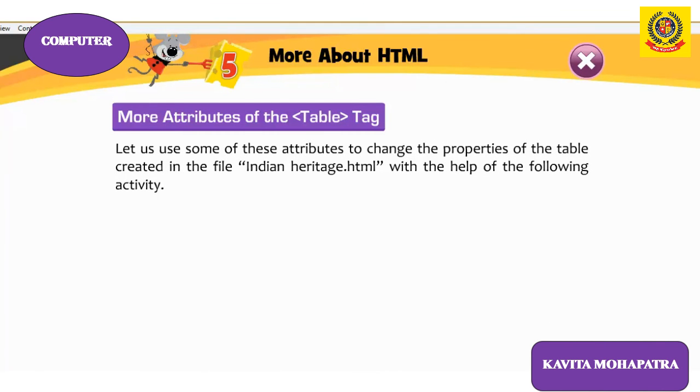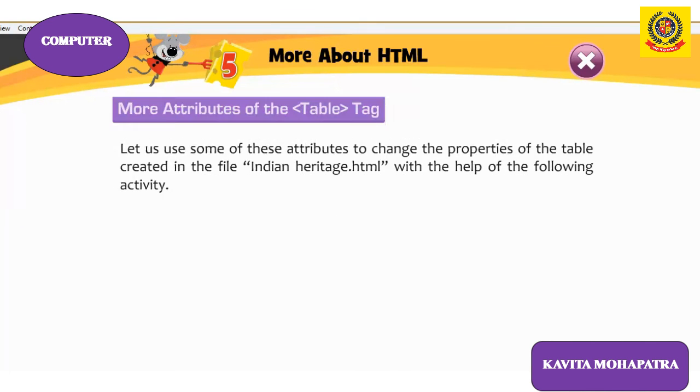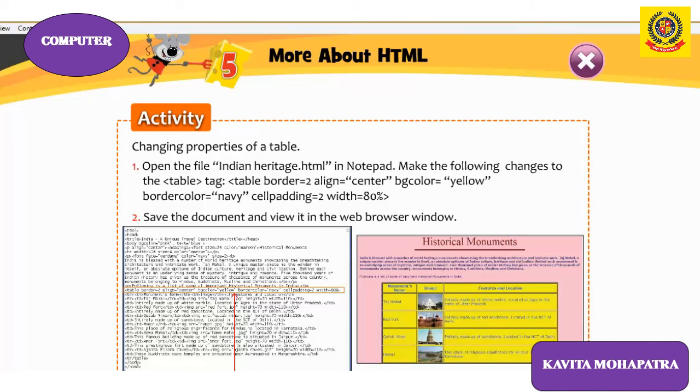So now let us use some of these attributes to change the properties of the table created in the file indianheritage.html with the following activity. Changing the properties of the table: open the file indianheritage.html, make the following changes.